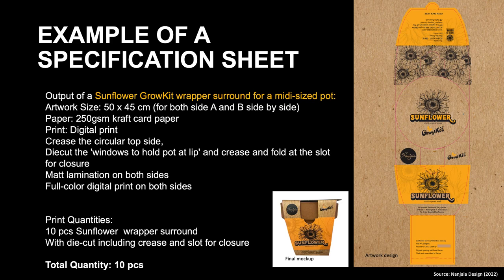So this is very specific in terms of where the die cuts are and where the folds are. Then there's also an indication for a matte lamination on both sides to ensure that the artwork is more or less waterproofed, because this is an item that will be holding a pot, seeds, soil, and so on, going by the mock-up that we see there at the bottom in the middle.